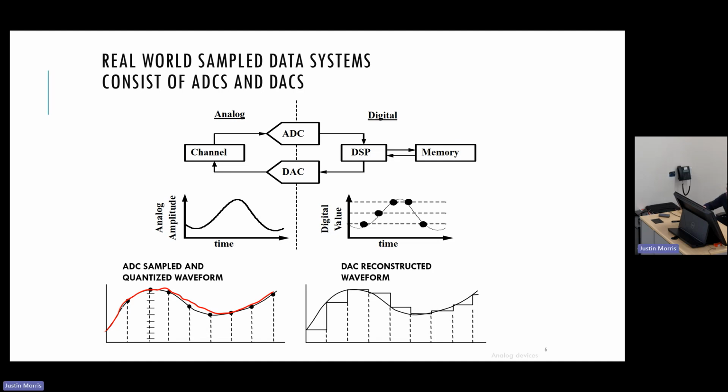So the way that we do it is we can't possibly have this smooth continuous curve in the discrete system, right? But we can sample it very fast, right? So we're going to sample it at these fixed time intervals with a sample and hold circuit. And I'll show you an example of what that looks like. But you're going to capture the value for a short period of time, and you're going to repeat doing that over and over and over. So you get this approximation of the continuous time curve.